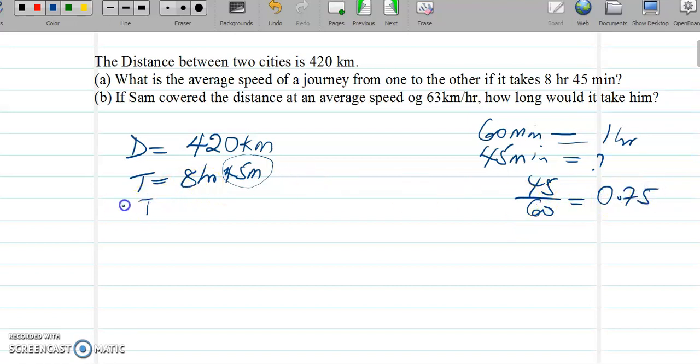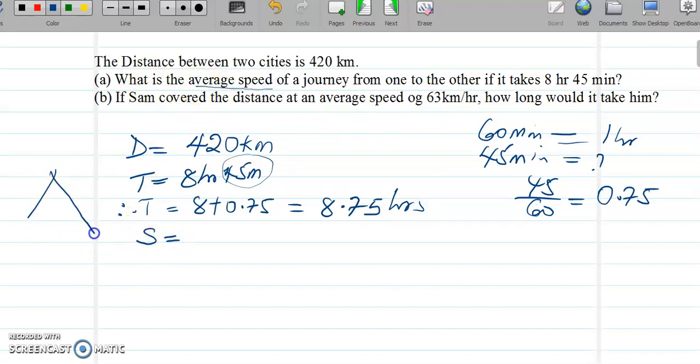Therefore the time will be 8 plus 0.75. I'm going to add it to 8. So that gives us 8.75 hours.